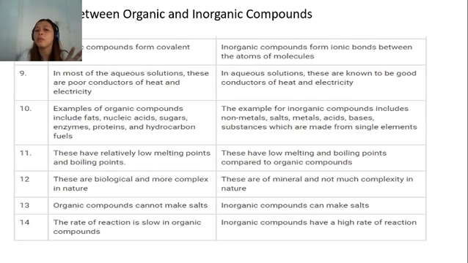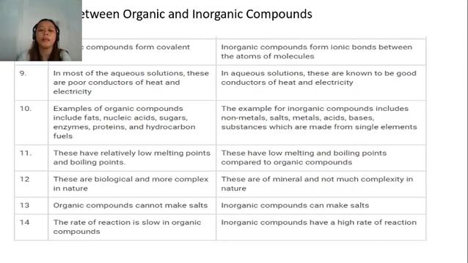So these are mostly basic things used in the daily living of people. And for inorganic examples, we have the non-metals, salts, metals, acids, bases, substances which are made from a single element. Next, organic compounds have relatively high melting points and boiling points, but for our inorganic, they have low melting and boiling points compared to organic compounds.